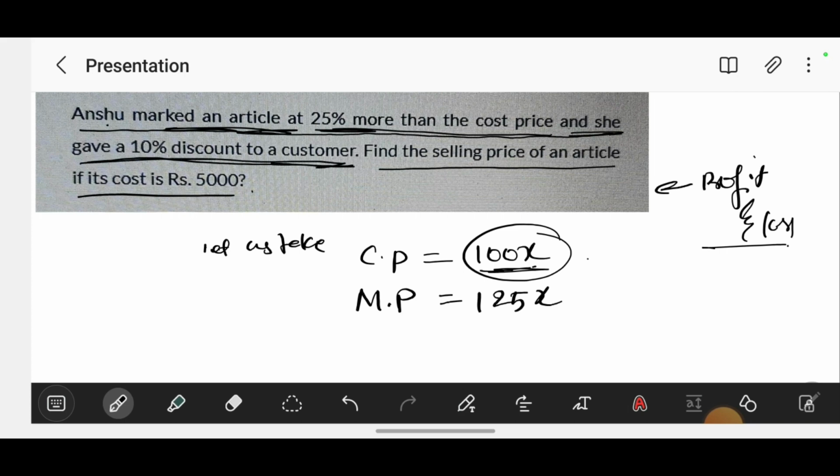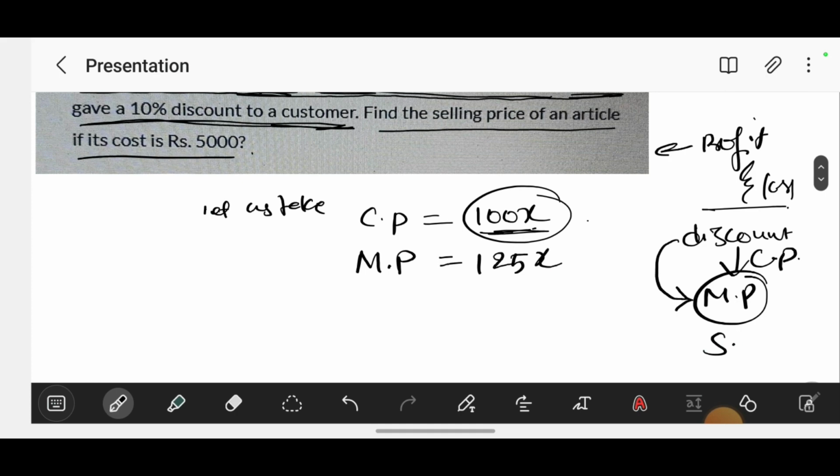Okay, you all have to memorize this. The discount should be given only on the marked price, not on the cost price. After giving the discount on the marked price we obtain the selling price.